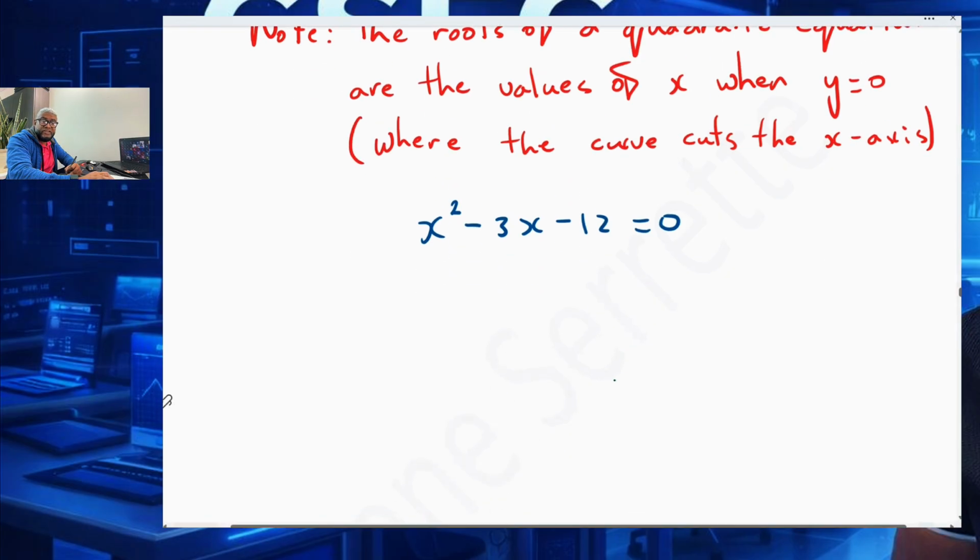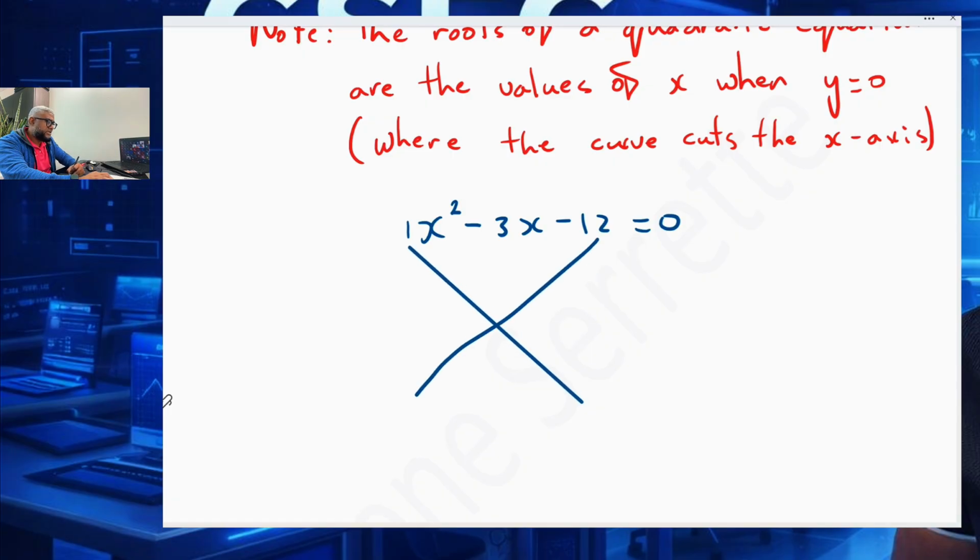Can this be solved using quadratic factorization? It cannot. Watch it. If you multiply these, you will get negative 12, because 1 multiplied by negative 12 will give me negative 12. What number goes underneath the x? Negative 3. The number in the middle is what goes underneath, right?